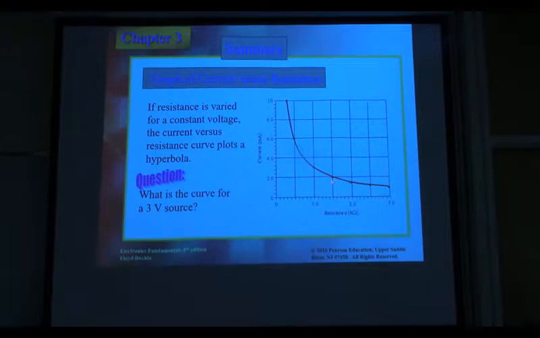If the resistance equals 1.5, then the current must equal 2, so the product still equals 3. So this is 2. You do all these points and you draw the curve. The curve looks like this, and this is called a hyperbola.